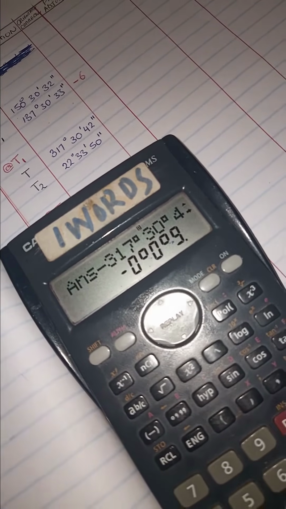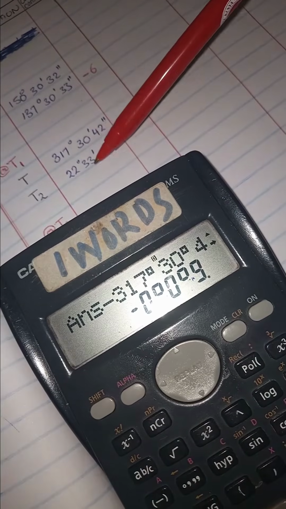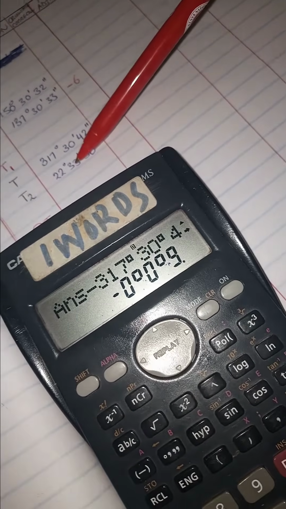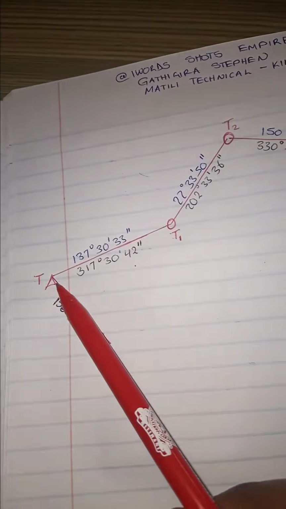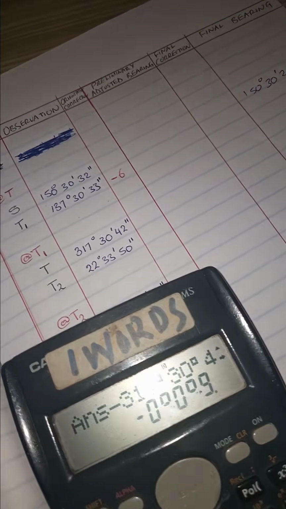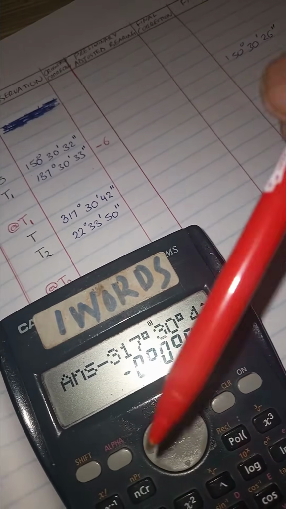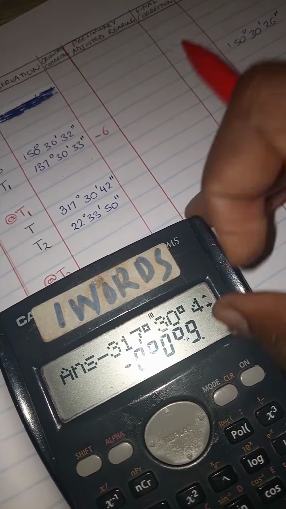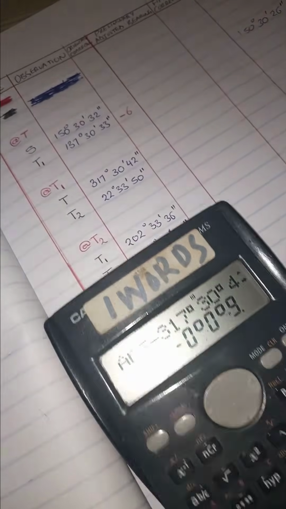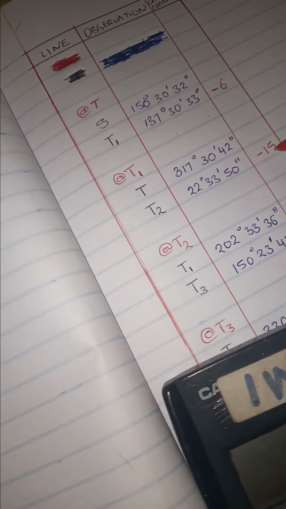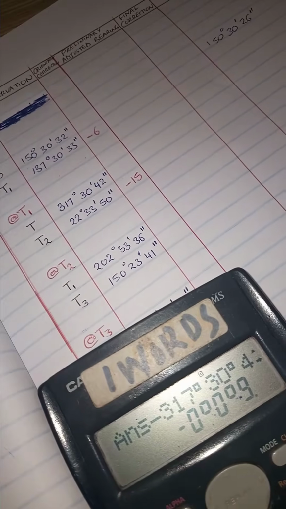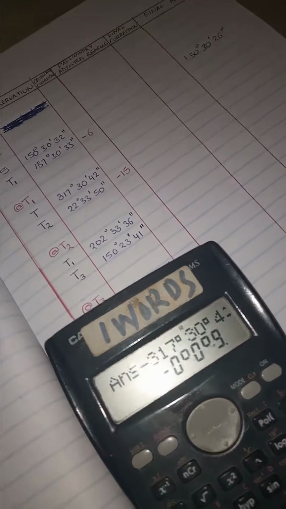Negative 9 seconds was to be applied here, but we had a correction applied before it of negative 6. So that negative 6 we add with the negative 9. I don't think you'll need a calculator there. That will become negative 15. So negative 15 is the value that will be corrected.